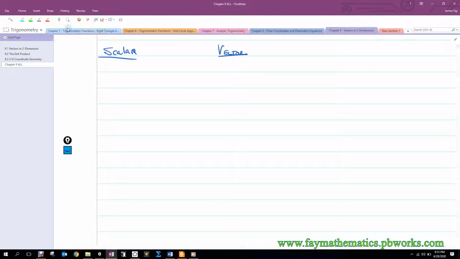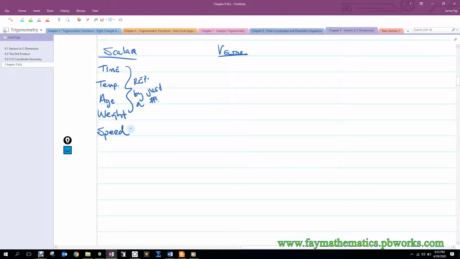So scalars are things like time, it's on a scale, temperature is on a scale, age, weight. There's a lot, but those are things that are scalar, meaning that they can be represented by just a number. So scalars are things that are represented by just a number, okay?